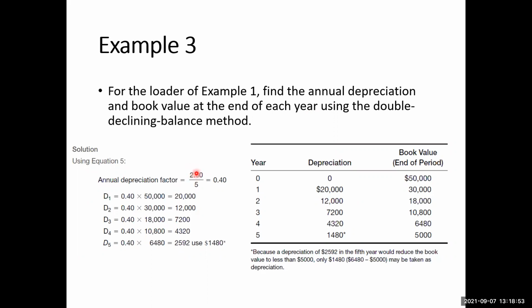The constant ratio will be 2/5 in this case, because it is a double declining balance method. So 2 comes from that double, and 5 is the number of years which we want to depreciate. So that's why it is 2/5. If, for example, you want 7 years and it is a double declining balance method, you will use 2/7.